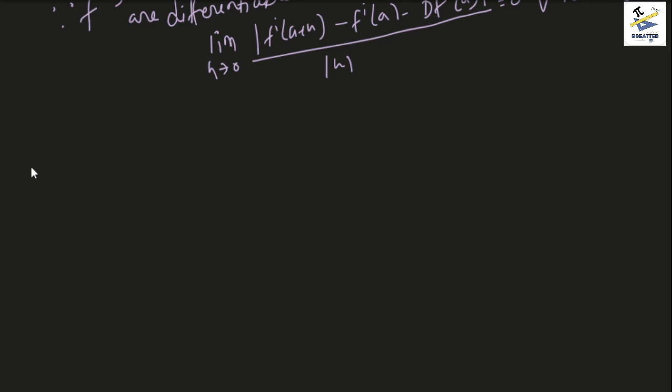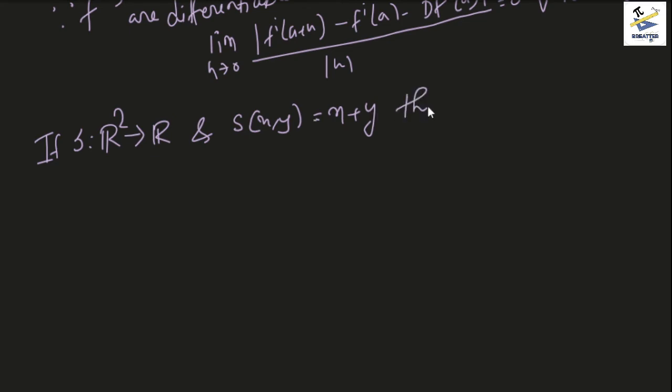Let's say s of x comma y is basically x plus y, then we need to prove that ds of a comma b is basically s itself. It's basically s itself. Now how do we do that?